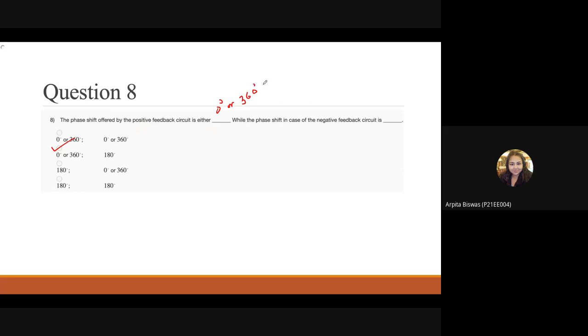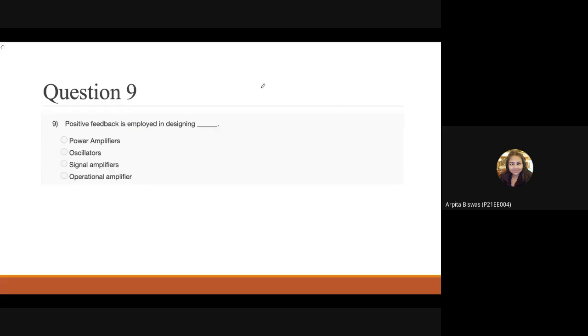And whatever questions we are solving here, please go through them and try to solve more and more questions. This type of question you are going to face in your exam also. So this is 360, not that one.